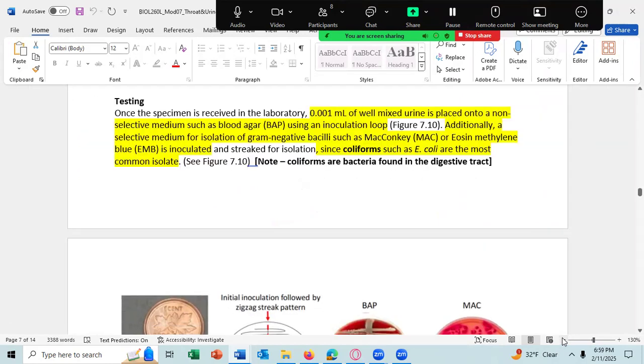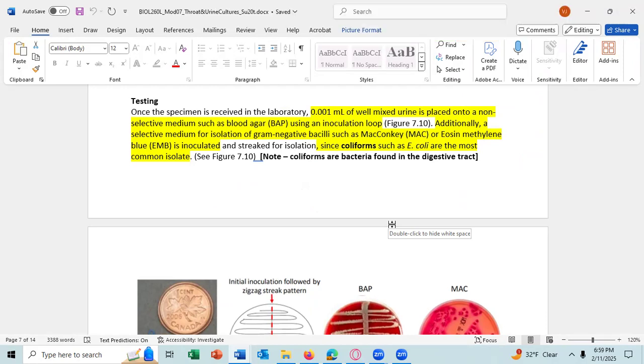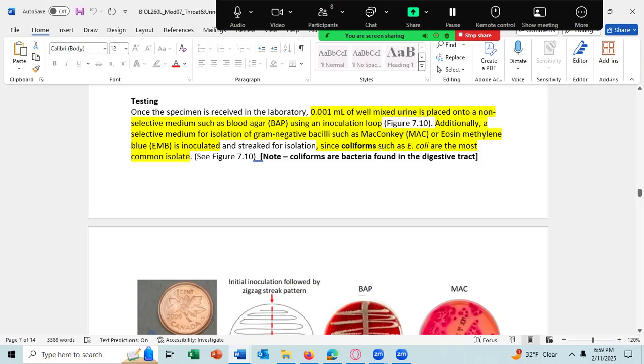So we always use a blood agar plate for a urine specimen, and that's to get both gram-positive and gram-negative, as well as some fastidious organisms that can grow on the blood agar. But we also do the same streak from the same culture on either EMB or MAC, which select for gram-negatives, because the most common bacteria causing a UTI is a coliform.